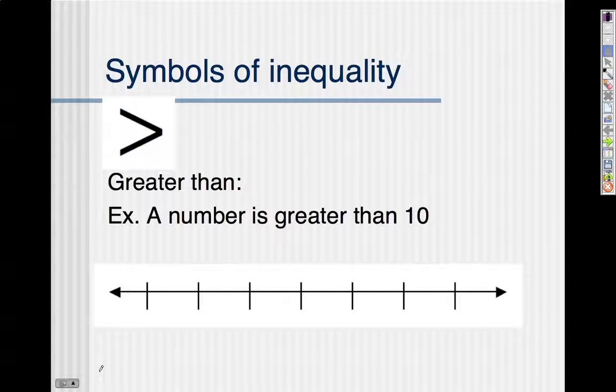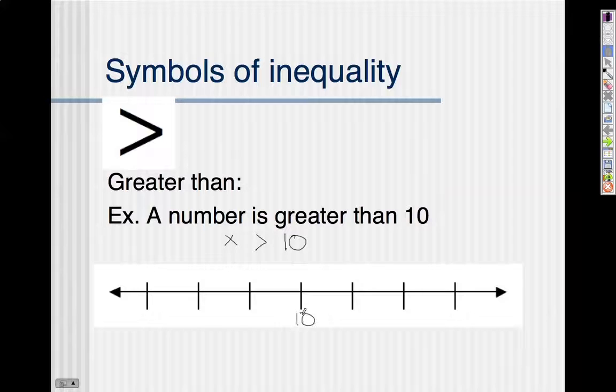Greater than is pretty much just like less than, except it's going to include numbers that are greater than our jumping off point. So again, a number is greater than 10. X is greater than 10. And to graph it, all we want to do is look at the part of the number line that's important to us.